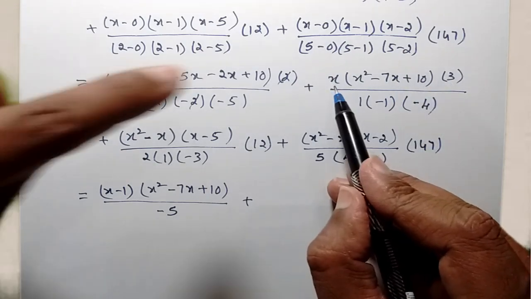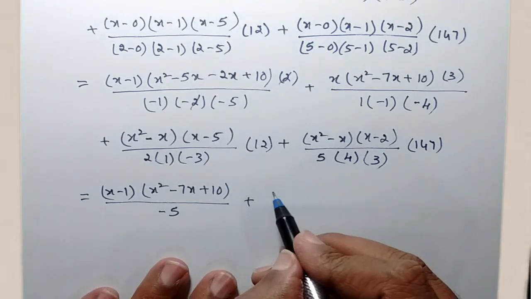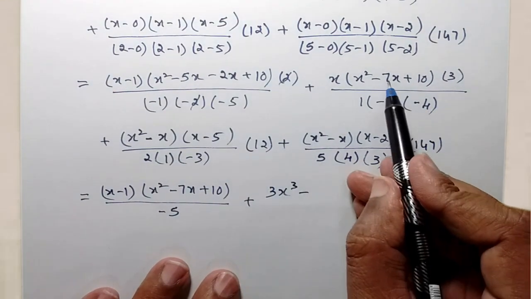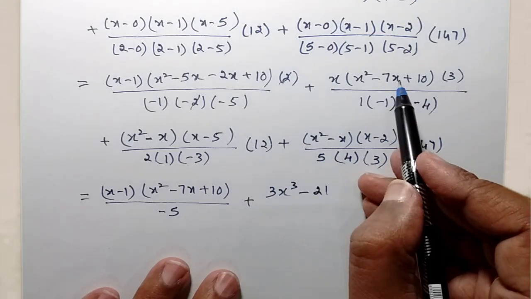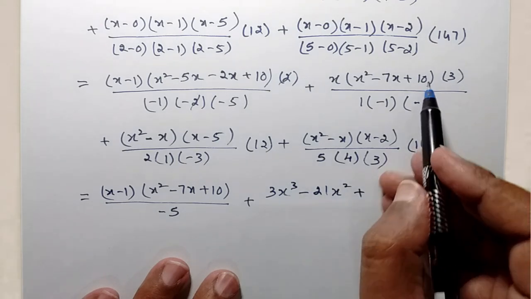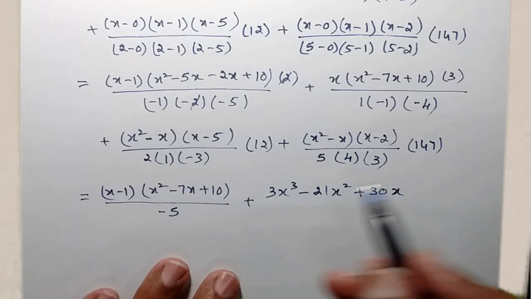So 3x has to be multiplied with x square. So 3x into x square will be 3x cube, minus 3x into 7, or 3 into 7 will be 21. Alright, x into x will become x square, plus 3 into 10 will be 30, 30 times x. I multiplied that one.